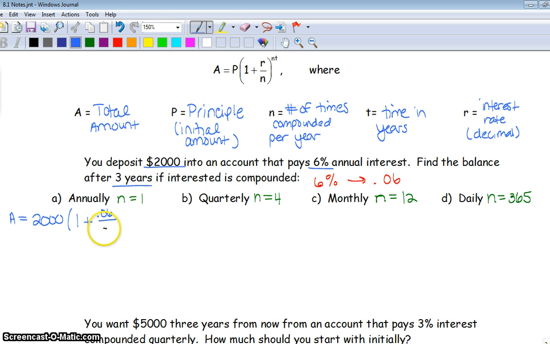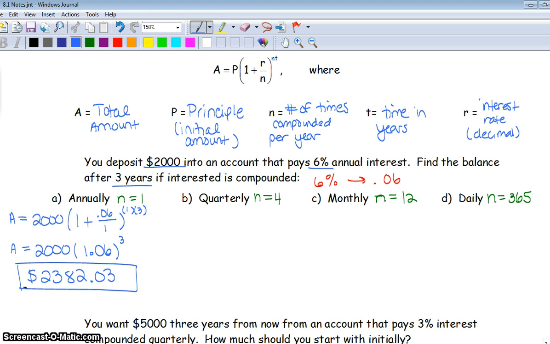And over our N, which is 1, and it's raised to your N, which is 1, times T, and this is going to be after 3 years. So I simplify that down, and I get the 3rd power. Again, we're going to do this in our calculator to get $2,382.03.